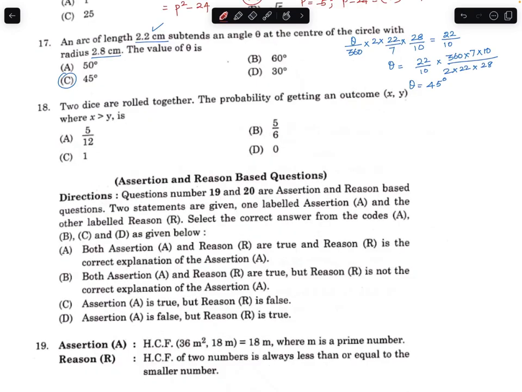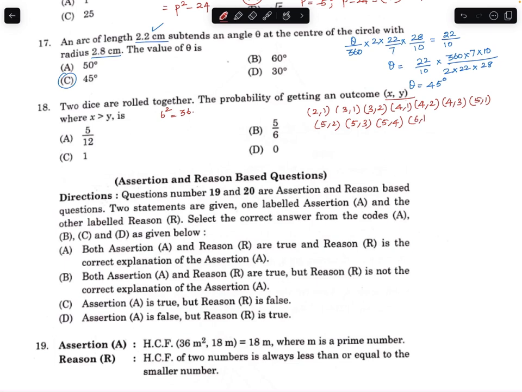Question number 18 says, two dice are rolled together. The probability of getting an outcome x comma y where x is greater than y is? Two dice are rolled together, so the total possible outcomes are 6 to the power 2, which is 36. Now let's write down the pairs x comma y such that x is greater than y. 2 comma 1, 3 comma 1, 3 comma 2, 4 comma 1, 4 comma 2, 4 comma 3, 5 comma 1, 5 comma 2, 5 comma 3, 5 comma 4.